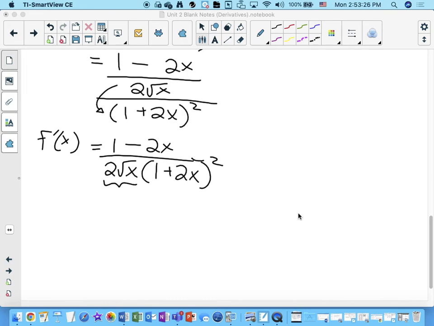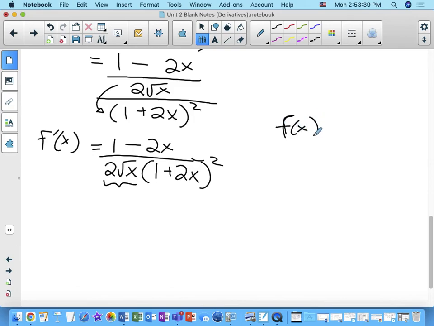But I won't ask you, here's the derivative, tell me what's going on in the graph. I'm not going to ask it from that direction. I may give you something like this. Here's f of x. We did some like this, and I gave you some in your homework. Draw approximately f prime of x, right? So how do you do that? Just a reminder.